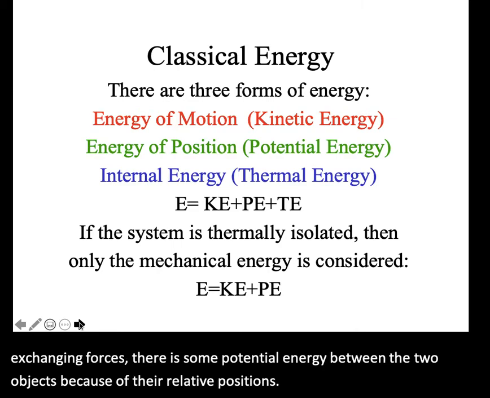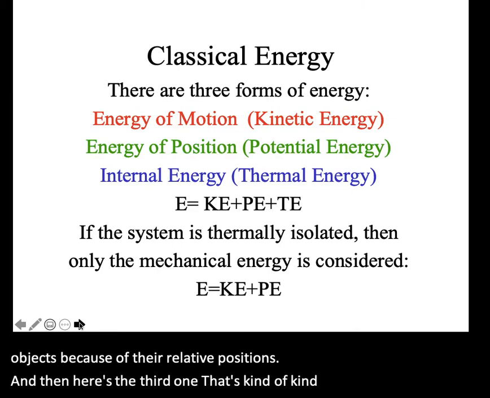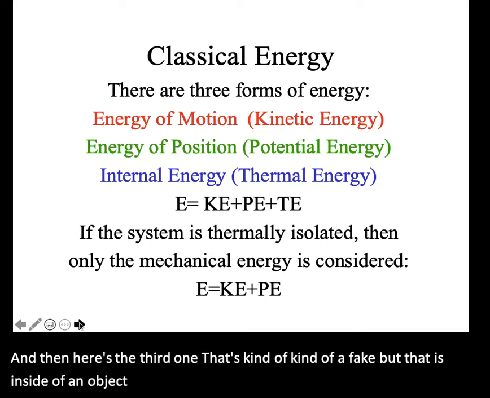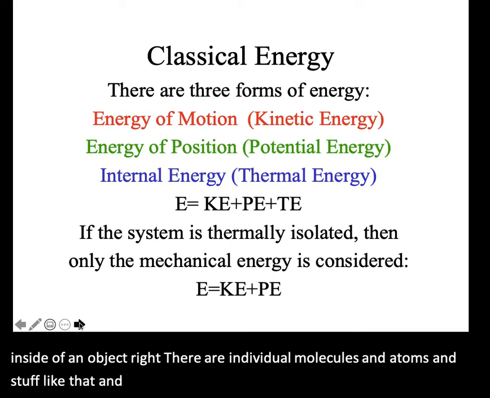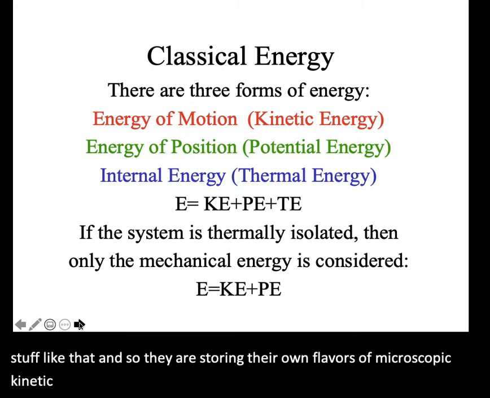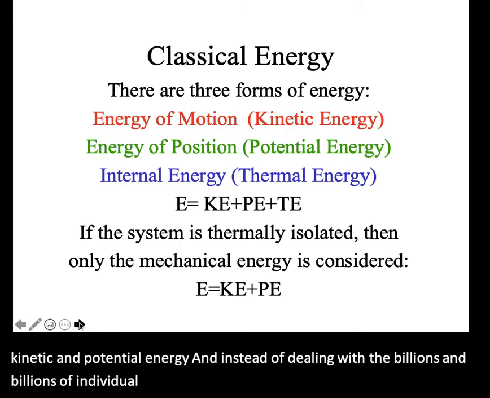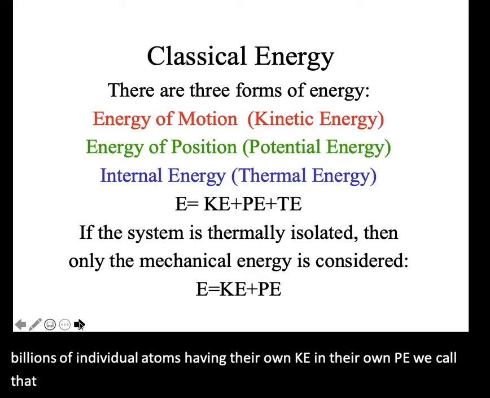And then here's the third one that's kind of a fake, but that is inside of an object, right? There are individual molecules and atoms and stuff like that. And so they are storing their own flavors of microscopic kinetic and potential energy. And instead of dealing with the billions and billions of individual atoms having their own KE and their own PE, we call those things like temperature and the energies required to undergo phase changes and all that kind of stuff.